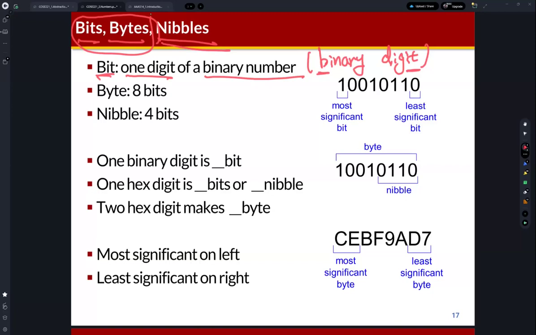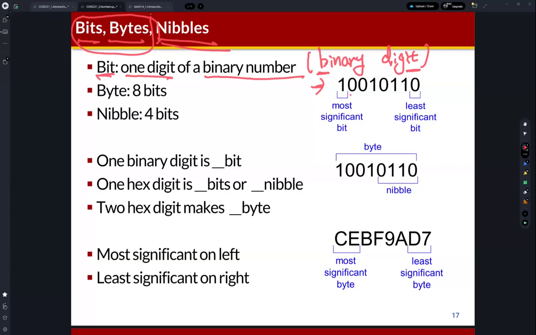Here is an example: 10010110. This number has 8 bits because there are 8 digits in this binary number. So we can say that this data includes 8 bits.